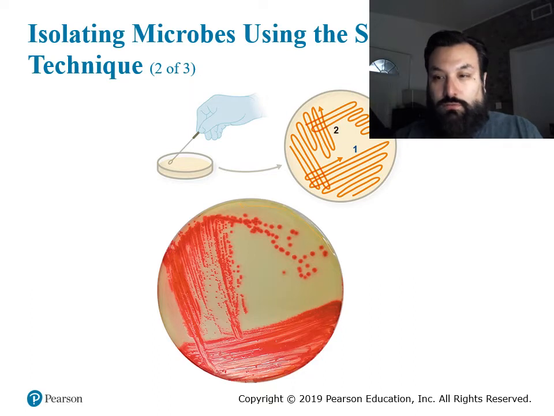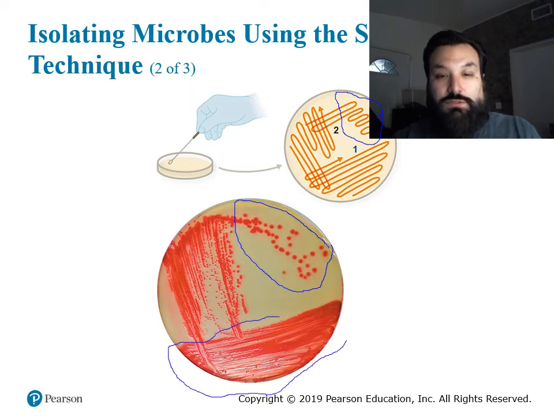You see this in this part of the plate, number 3, right? We've separated it so much. We started at number 1, went to 2, and went to 3. We separated so much that we see individual colonies separate from the original sample, which is down here.